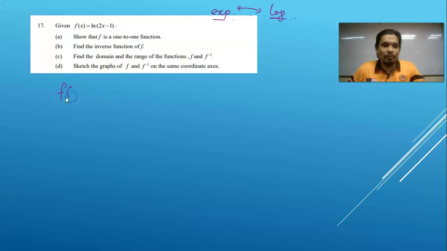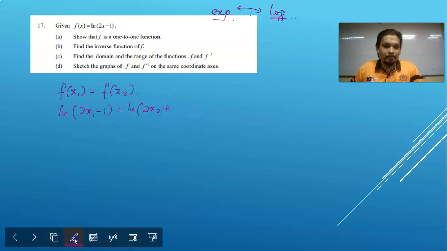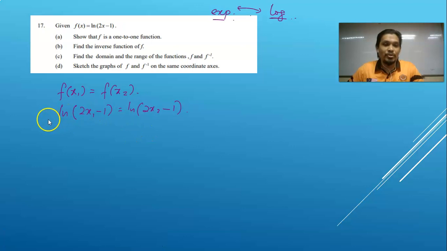f(x1) equal to f(x2). Using the algebraic method, natural log of 2x1 minus 1 equals natural log of 2x2 minus 1. Then we cancel between these two, by making each side an exponent of Euler's constant e.